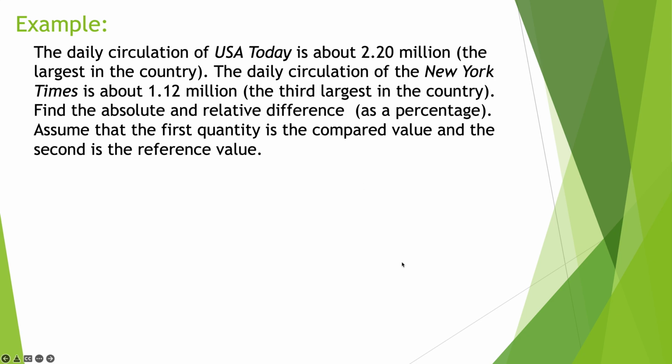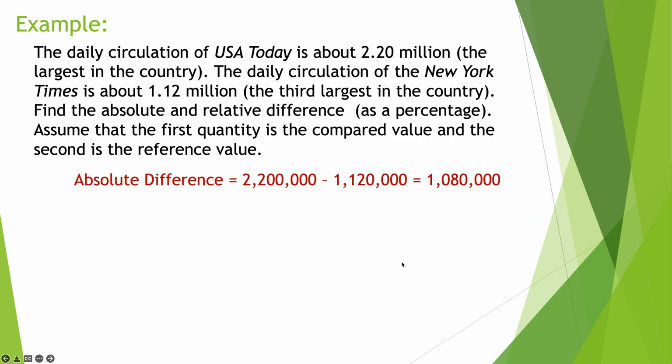All right, so the absolute difference is 2,200,000. That's what 2.20 million is, written out as a whole number, minus 1.12 million, which is 1,120,000. You subtract that and you get 1,080,000. So that's your absolute difference.